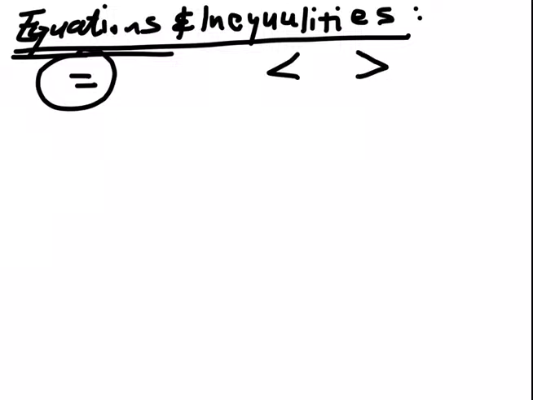It doesn't end there. Depending on the nature of the equation, sometimes you will have less than or equal to, and greater than or equal to. I just wanted you to be able to notice the difference between equations and inequalities. You will spot them by those signs.